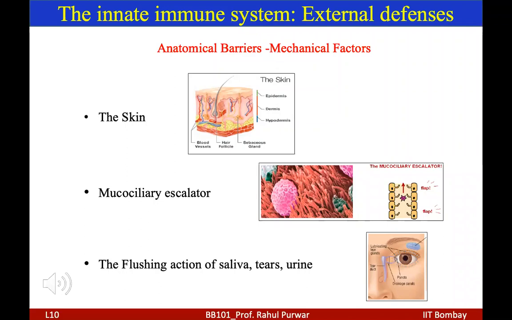That acts as a good mechanism to protect our body. Then there is the flushing action of saliva, tears, and urine. When eye damage happens, a lot of tears come and things are flushed out. In the mouth, a lot of saliva comes during any infection, so that it protects. Urine also flushes out any infection.